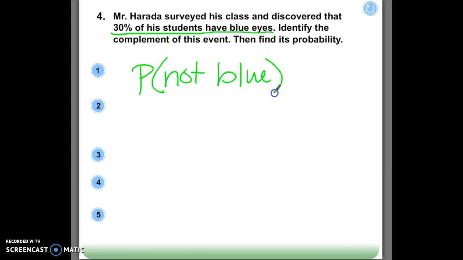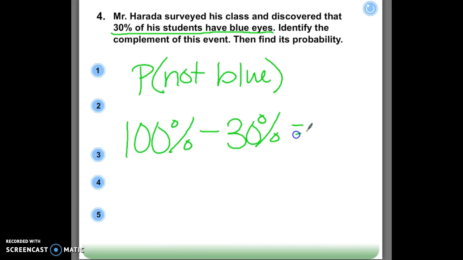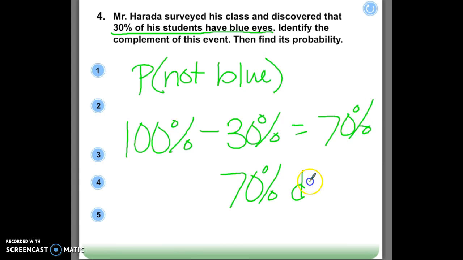If the probability of students having blue eyes is 30%, we could take 100%, because that's the total of the class, minus the percentage that does have blue eyes, and we will get the percentage that do not have blue eyes. So 100% minus 30% is 70%. So 70% of the class don't have blue eyes.